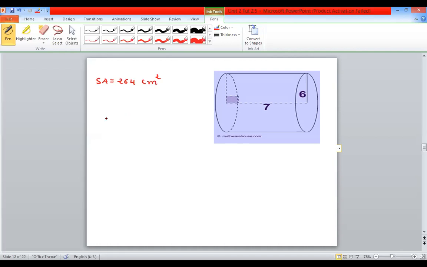Total surface area is 490.28 centimeter square, and the volume is 565.71 centimeter cube.